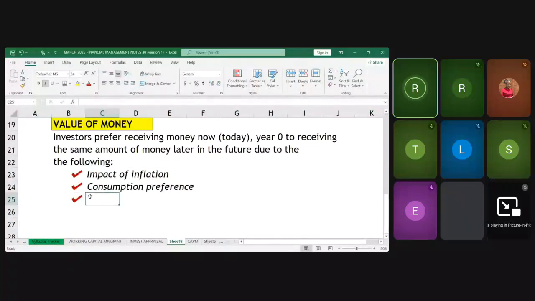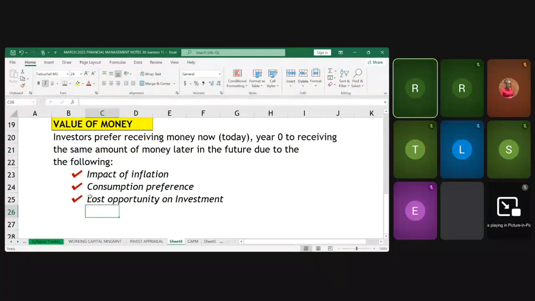Another reason is lost opportunity on investment. If I receive my money today, I can deposit it into the bank and earn interest. So this is the lost opportunity on investment.